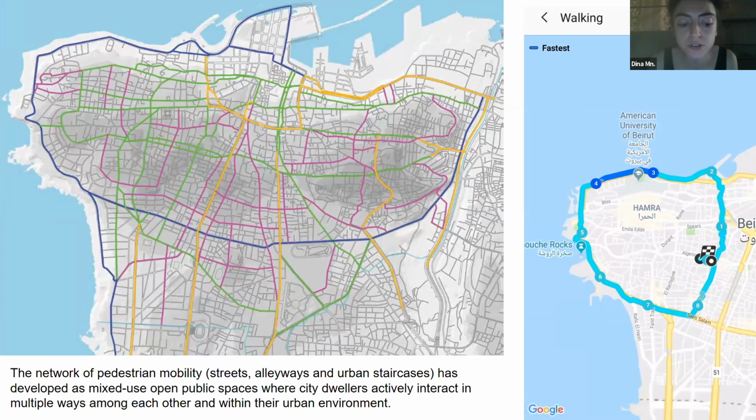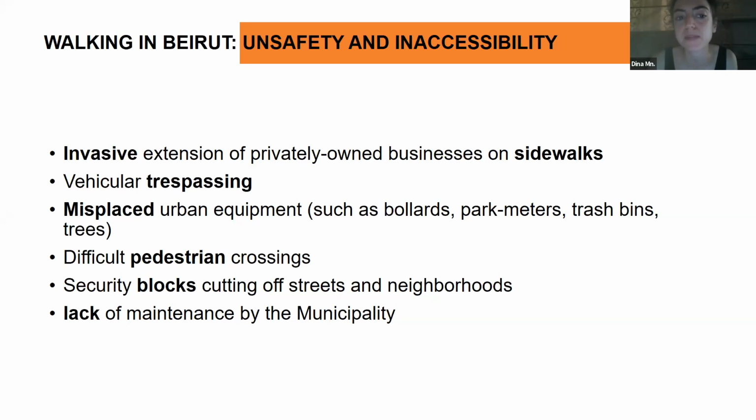On the other hand, other obstructions materialize physically, such as sidewalks used as parking spots, misplaced urban equipment, vehicular trespassing, difficult pedestrian crossings, and lack of maintenance by the municipality.